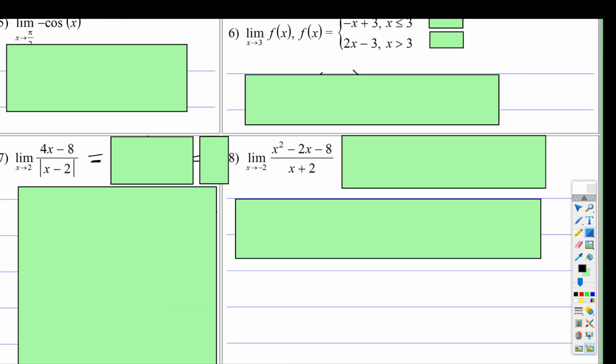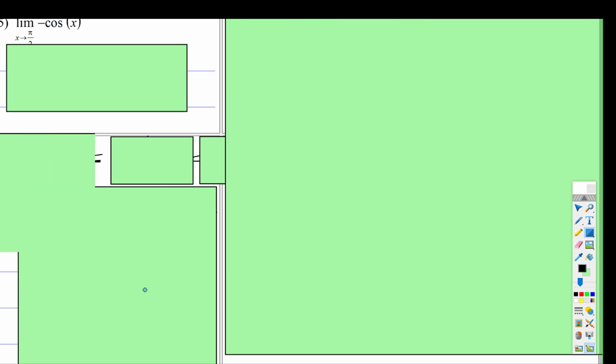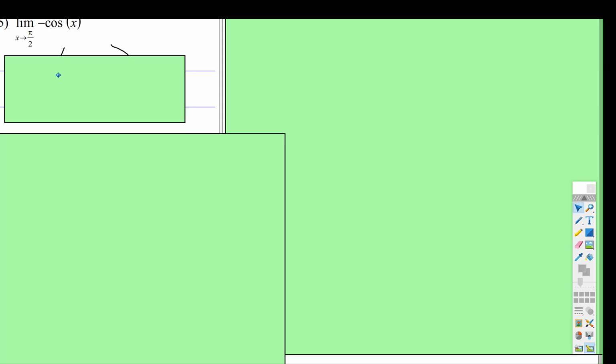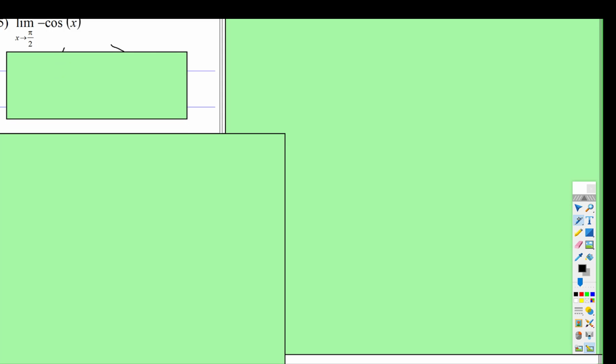Okay, we've got 4 others to look at in here, so we're not even looking at that right now. For this one right here, it's a trig function. What it says is as x approaches 1/2, you just plug into your calculator. What is the cosine?